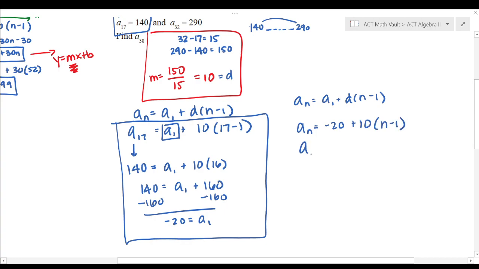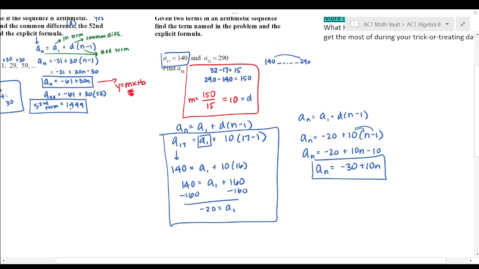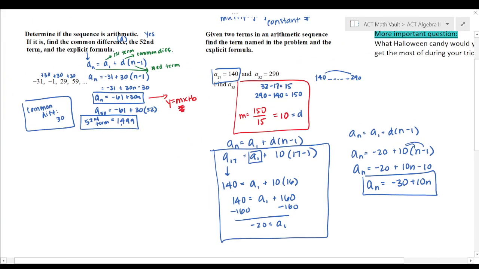Let's polish it up and put it in that simplified format. Remember, we'll distribute: a sub n equals negative 30 plus 10n. Okay, so that is our polished explicit formula for what's going on from this 140 to 290.